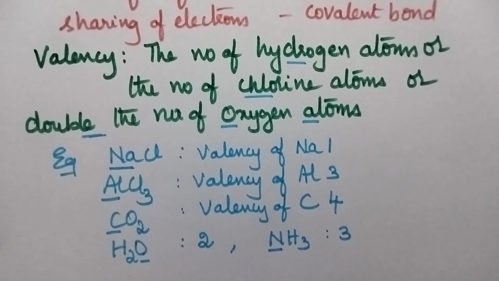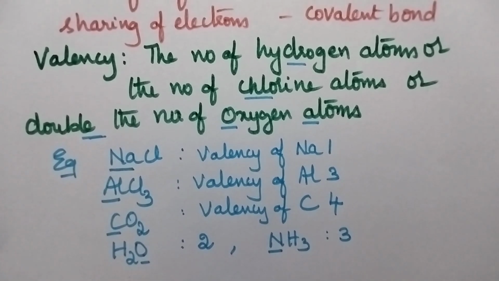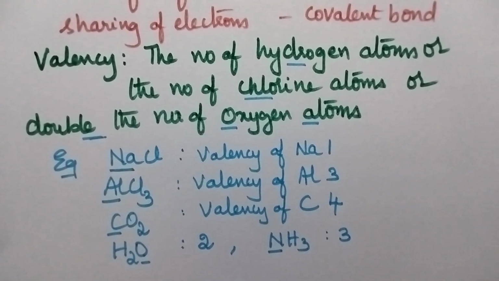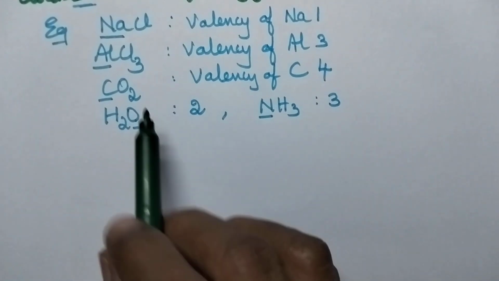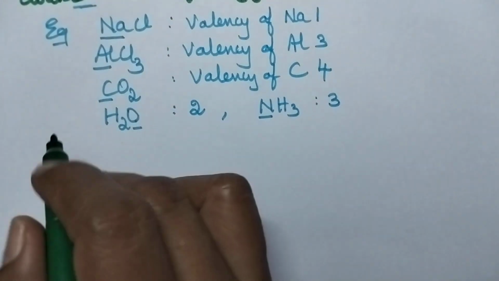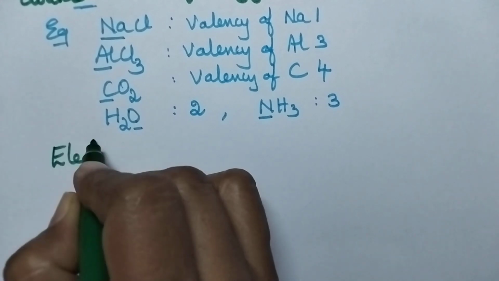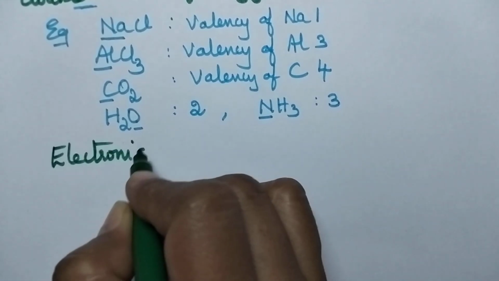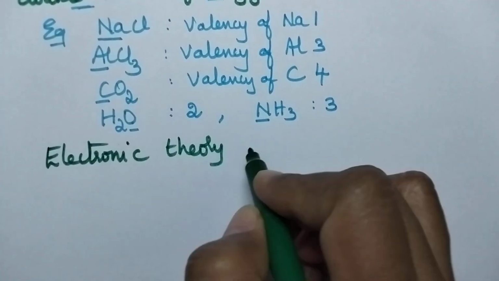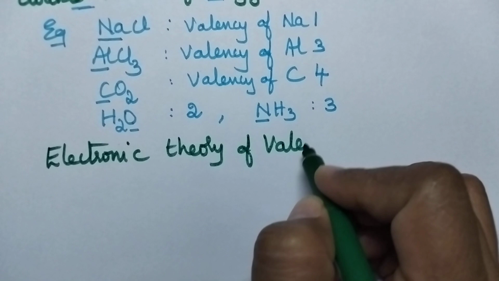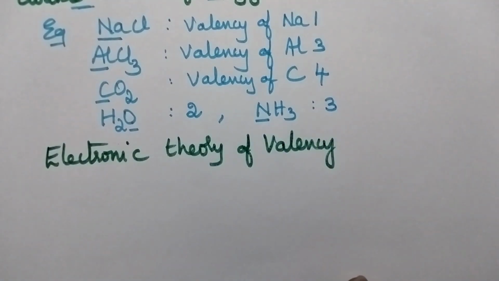And always the nature of chemical bond is explained by the electronic theory of valency. So what type of chemical bond is present in the given molecules can be explained by the electronic theory of valency. It is also called the chemical bond theory or modern theory of valency.